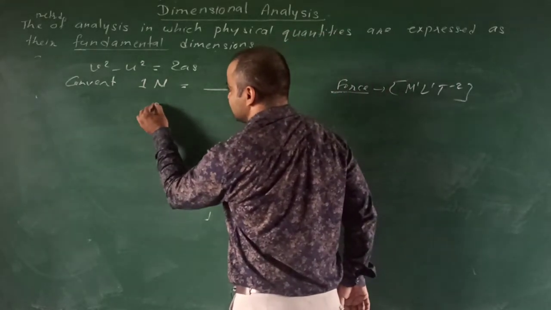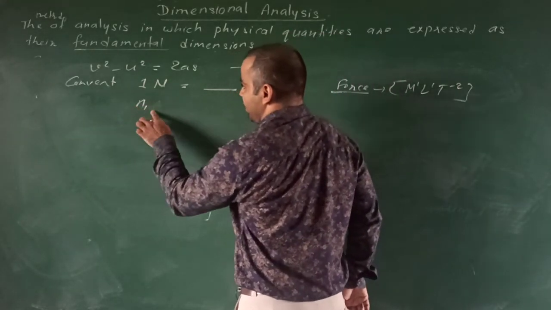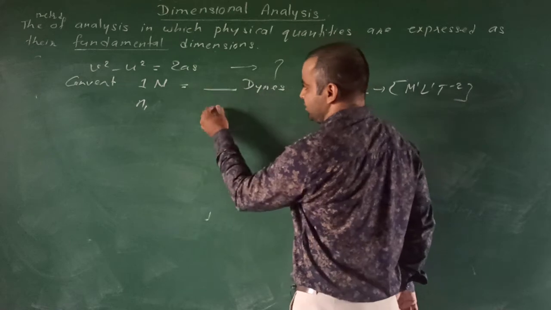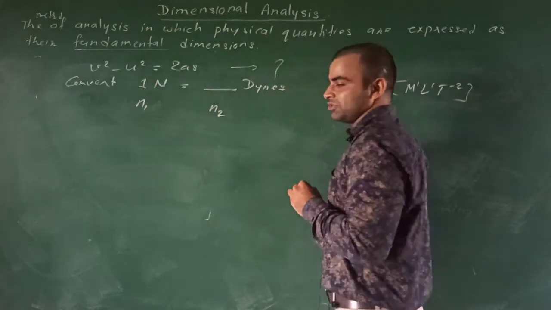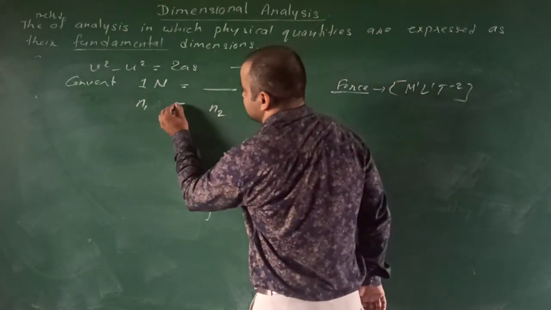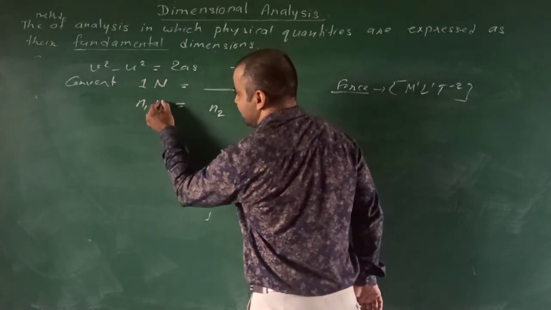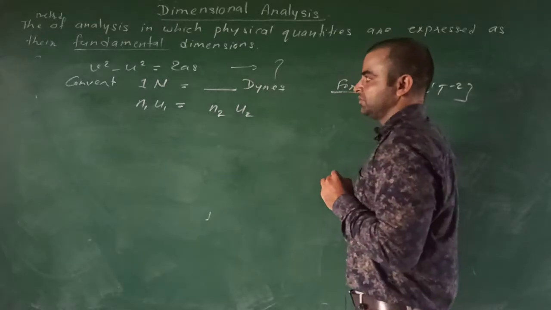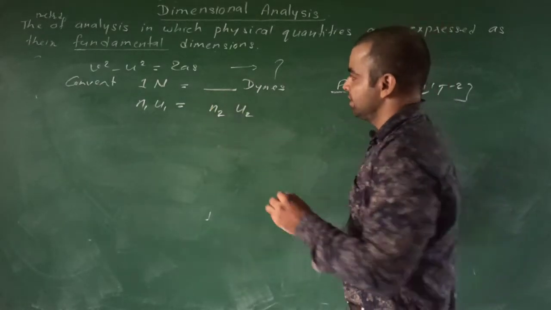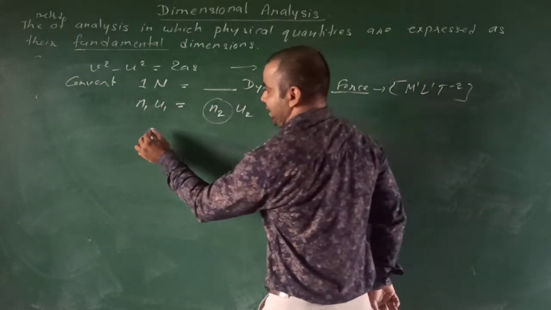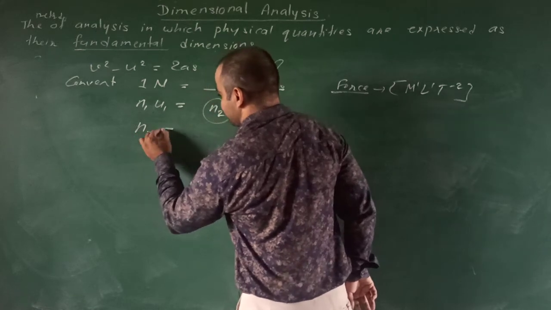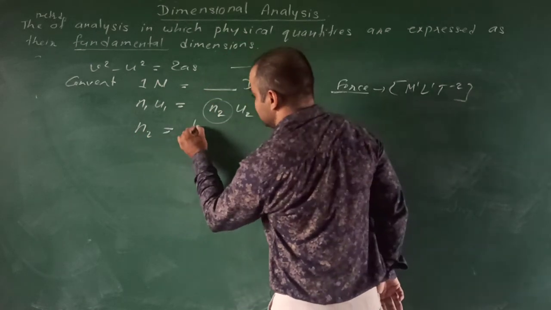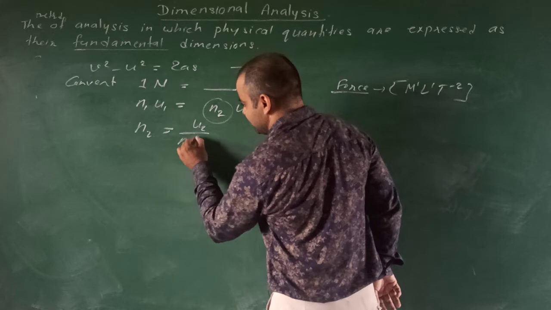Here is any given number; here we will find out the number, and here is the unit, and dyne is another unit. We have to find this number, n2. n2 will be n1 u1 by u2.